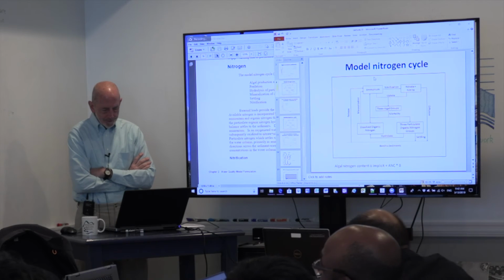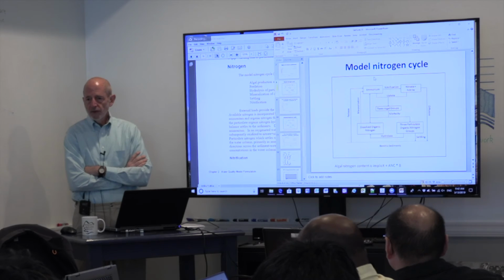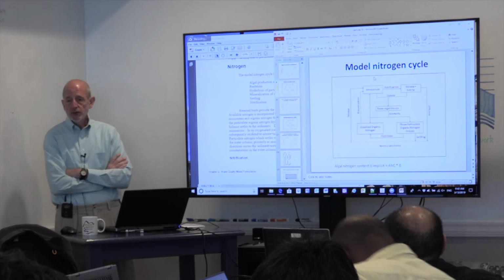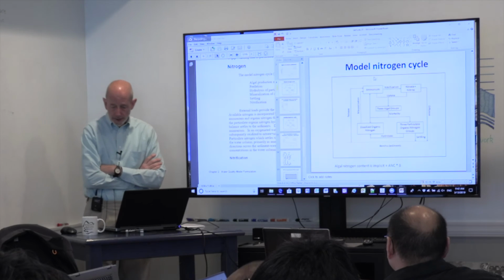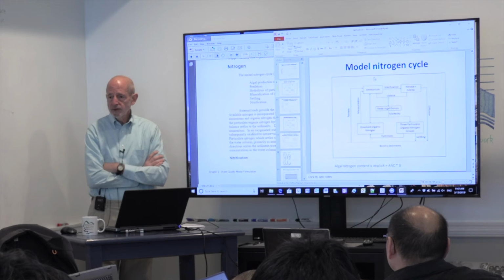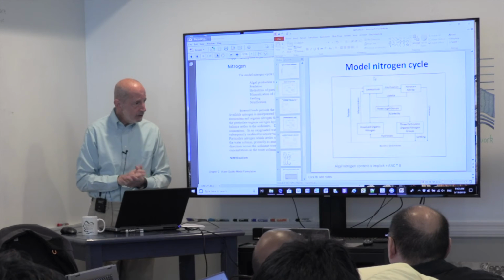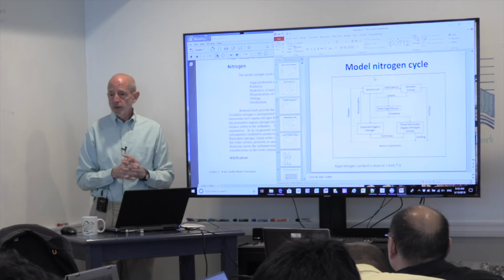Denitrification is, in the absence of oxygen, nitrate being reduced to nitrogen gas. It takes energy to do that. Bacteria do this, and the energy comes from carbon, so it's a carbon sink.